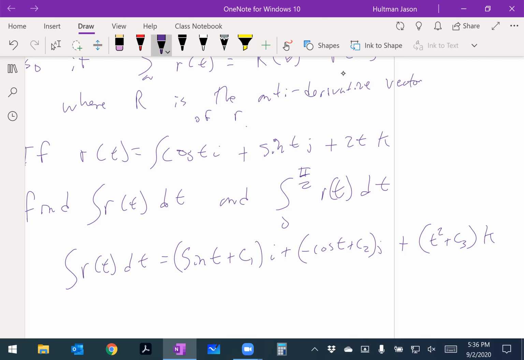Okay, I could combine all these constants into just one constant, where c is the vector constant of integration.